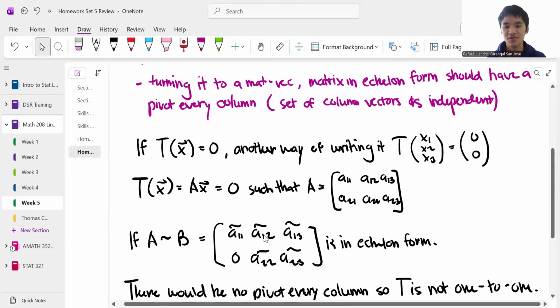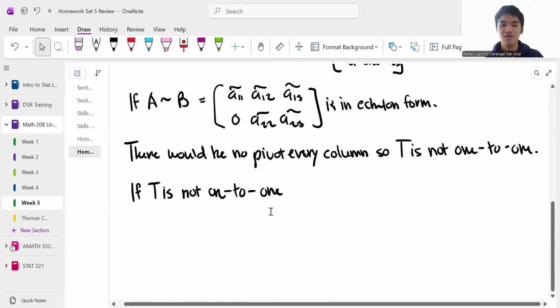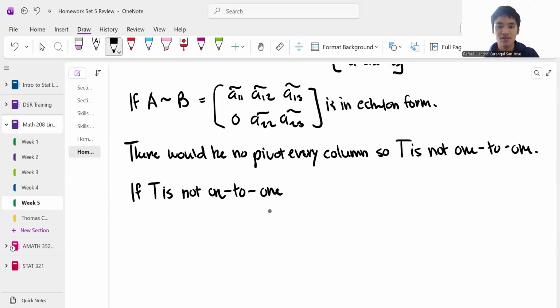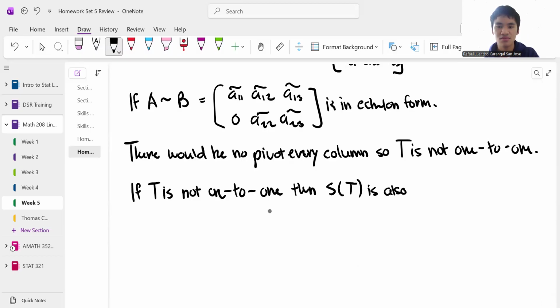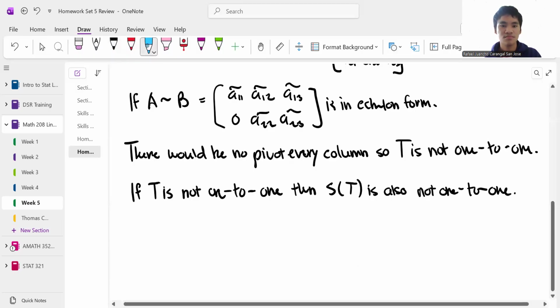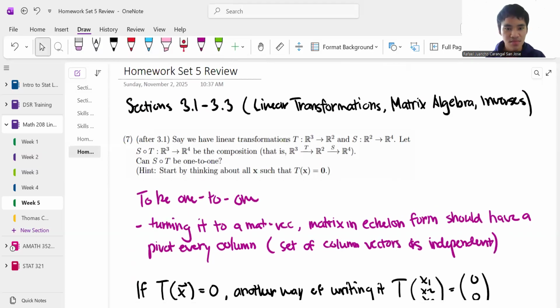There's going to be a free variable here. And so this is a dependent set of vectors. And so it's not 1 to 1. And if T is not 1 to 1, then S of T is also not 1 to 1. I think that's how it wants us to explain this idea.